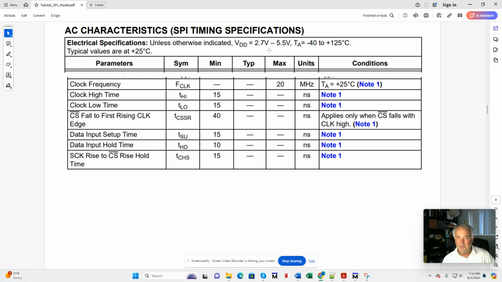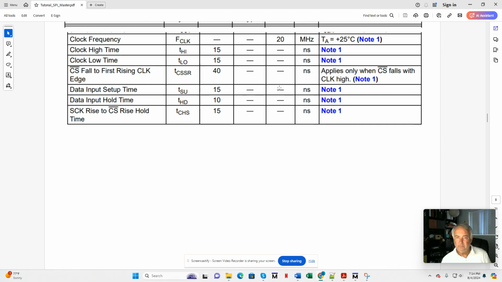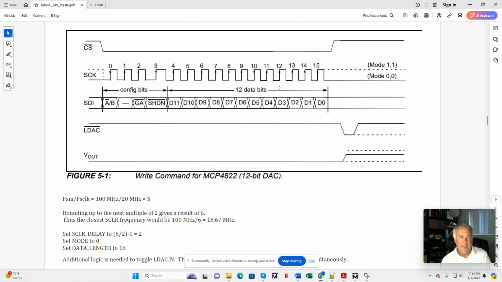Across all voltages and all temperatures, the maximum frequency of S clock is 20 megahertz. Okay, and then we'll scroll down here, and I can see that this is a 16-bit SPI device.